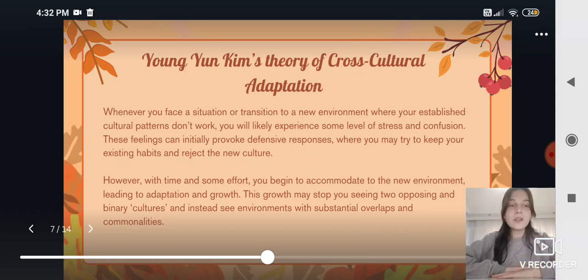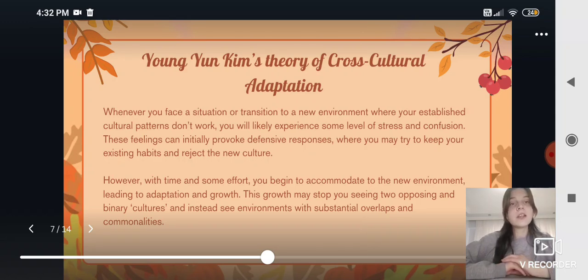So we talked about the U curve and W curve. So let's talk about Young Kim's theory of cross-cultural adaptation. Whenever you face a transition to a new environment, where your established cultural patterns don't work, you will likely experience some level of stress and confusion, like we talked about in the crisis period.